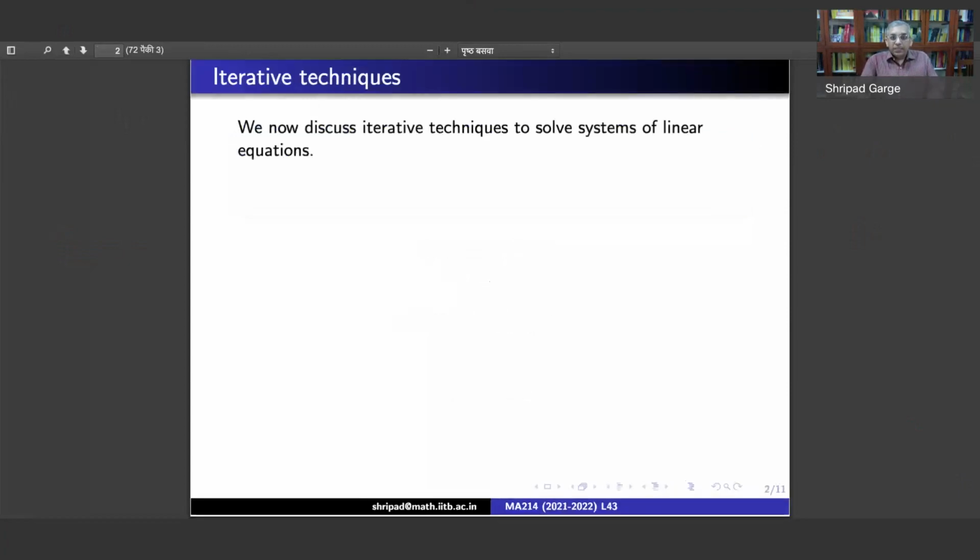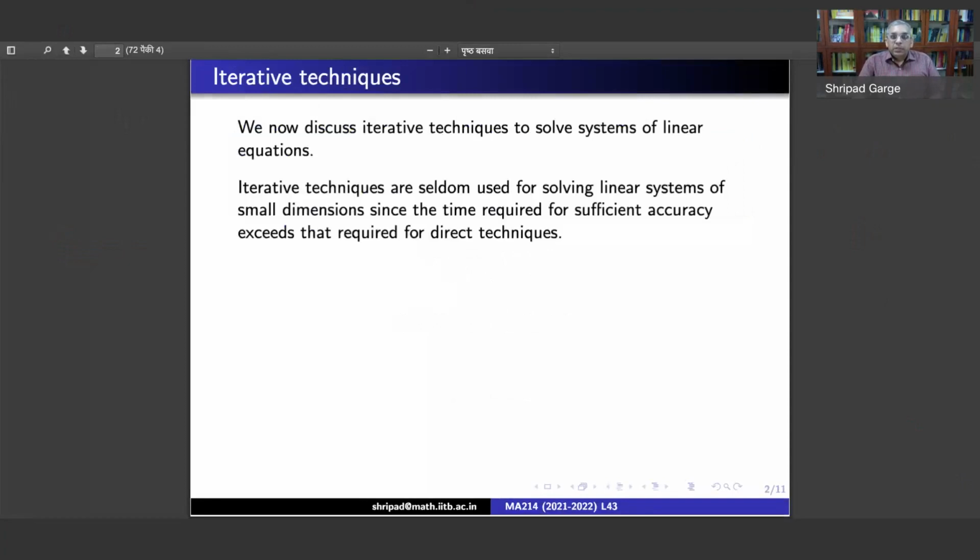So we are going to discuss these iterative techniques to solve systems of linear equations. A point to be emphasized is that if you are working with linear systems of small dimensions, it's unlikely that these iterative techniques will be used, because the time required for sufficient accuracy is more than that required for direct techniques.